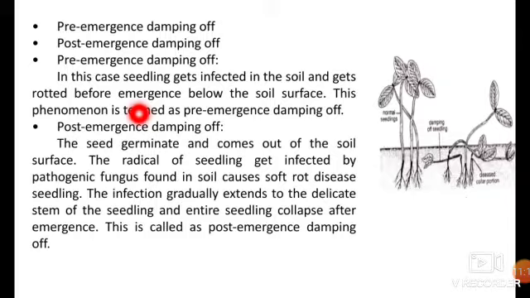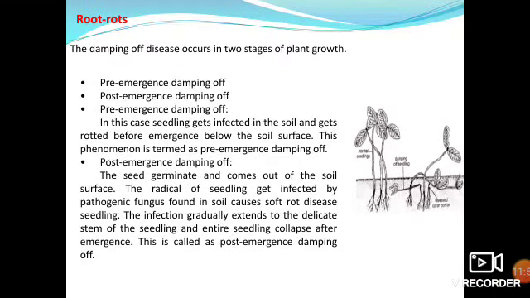In pre-emergence damping off, the germination of the seeds inside the soil is affected, but in post-emergence damping off, after emergence above the soil, the basal part of the stem collapses due to infection by the pathogen. Okay, this is seen in the mustard plant, or damping off of mustard.